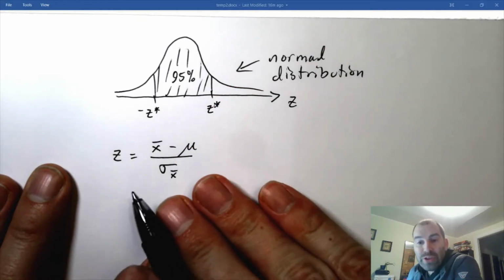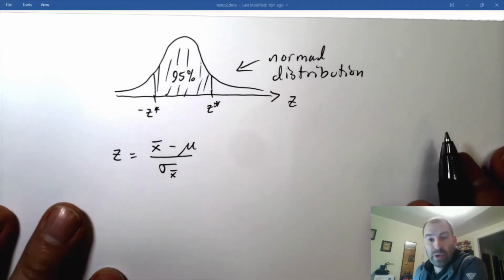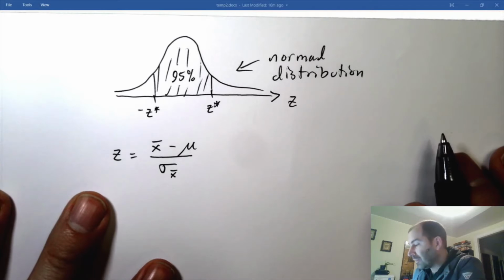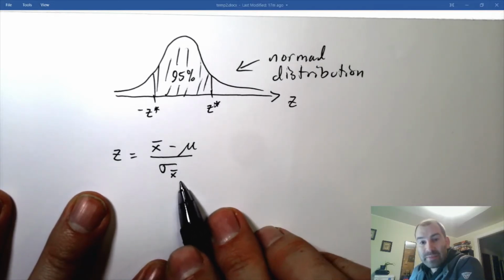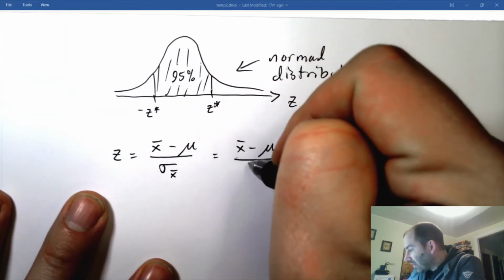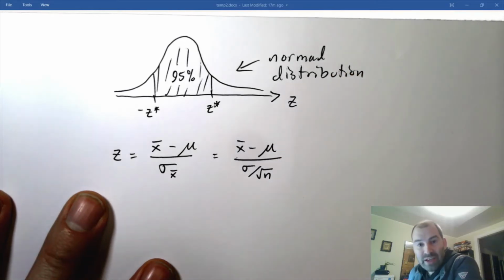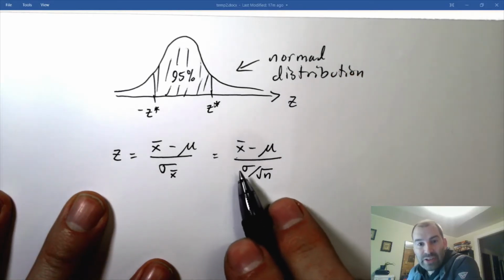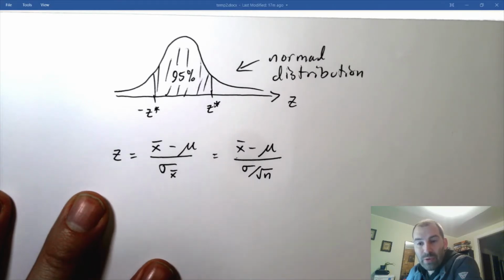We didn't do this computation in the last example, but this is really the machinery driving what we were talking about. Now, what is the standard deviation of the sample means? The central limit theorem tells us that's the standard deviation of the original distribution, sigma, divided by the square root of the sample size.